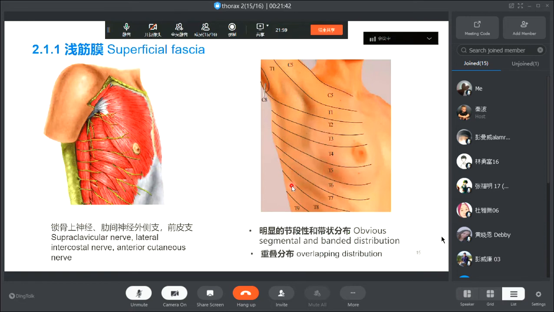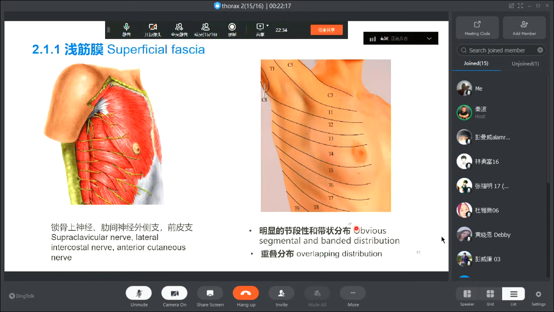And you can see in this layer the superficial nerve. It is segmental and has a branched distribution.